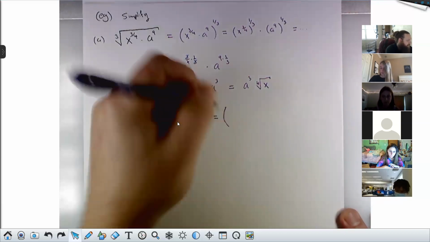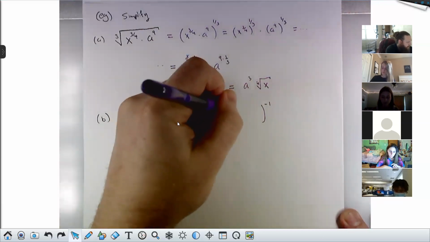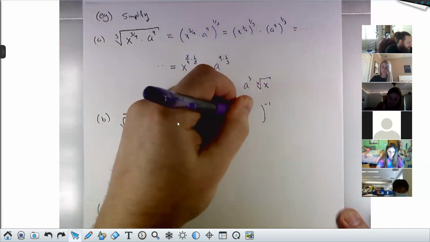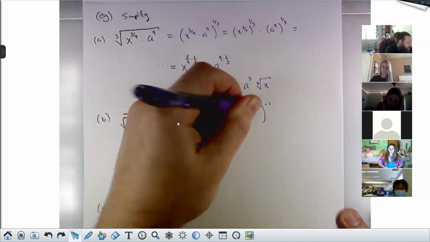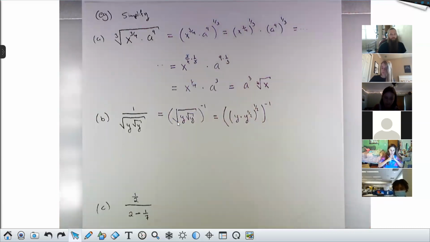I have my big parentheses on the outside with the negative 1st power. And then within that, I'll have a little parentheses. Inside that is y times y to the 1/2. And then that little parentheses is raised to the 1/2. And Emma is correct in the chat. That is where we're going, yes.